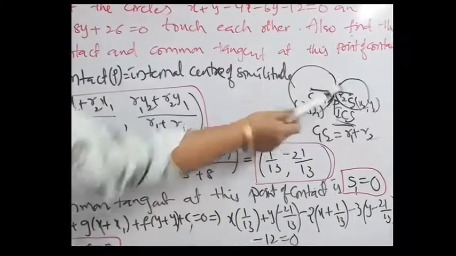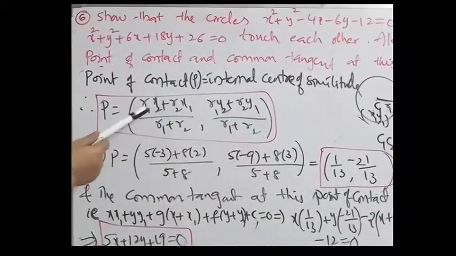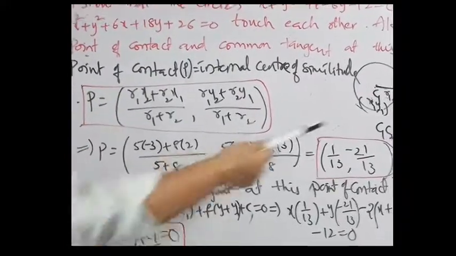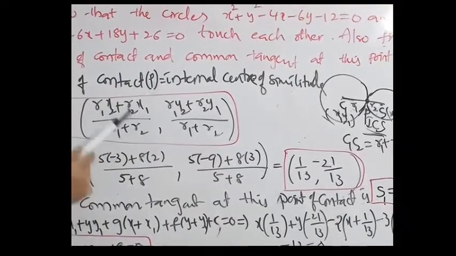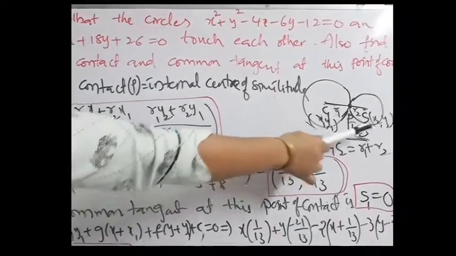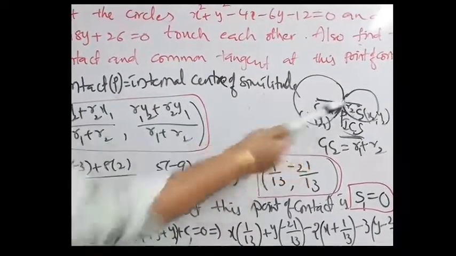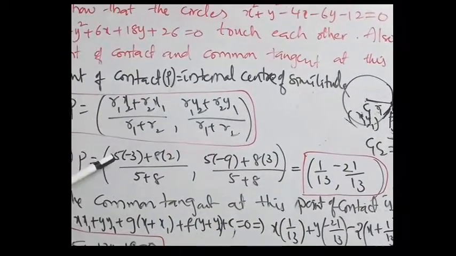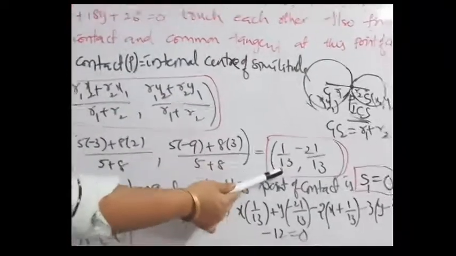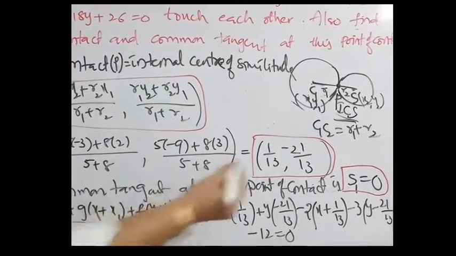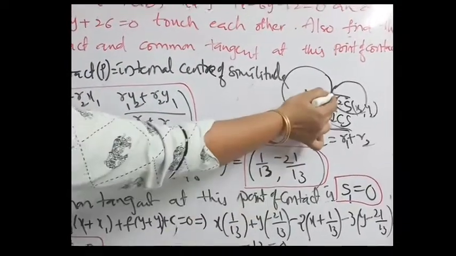That is R1x2 plus R2x1 by R1 plus R2, where x1y1, x2y2 are the two centers and R1, R2 are the radii. Substitute the center values and radius values, then we get 1 by 13 and minus 21 by 13. So we have the point of contact.